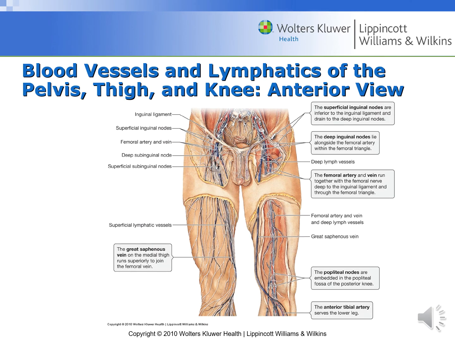Now we're going to take a look at the blood vessels and lymphatics of the pelvis, thigh, and knee, the special structures that are located within the lower extremity, beginning with the anterior view. From the left-hand side most superiorly, we see the inguinal ligament.